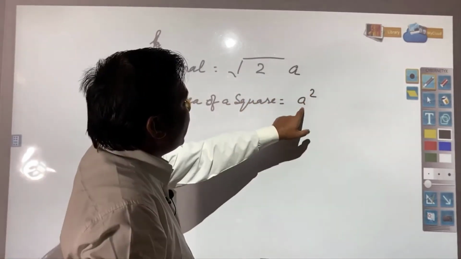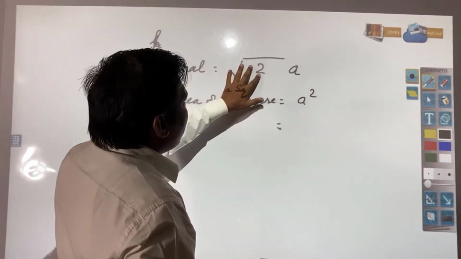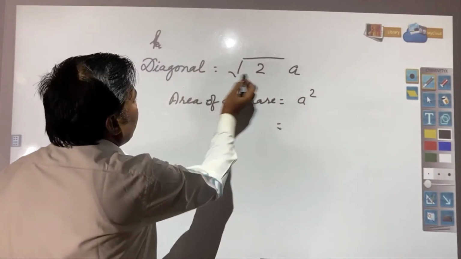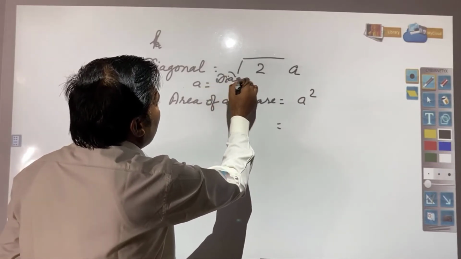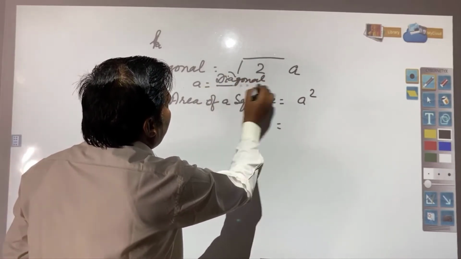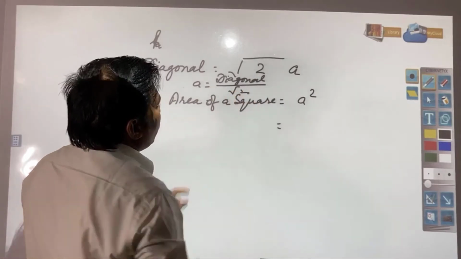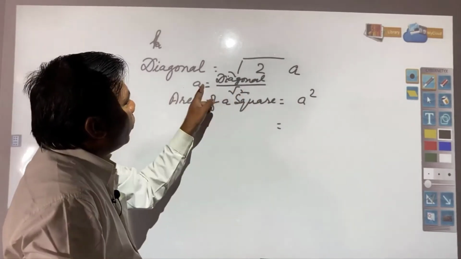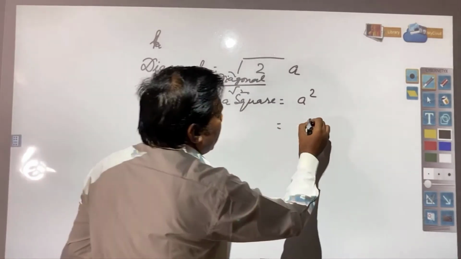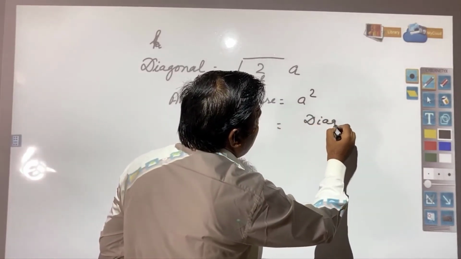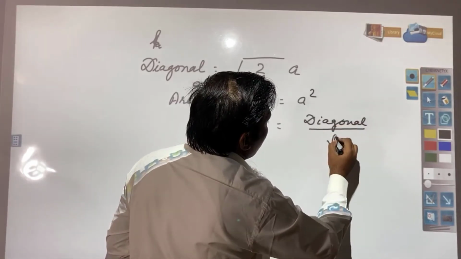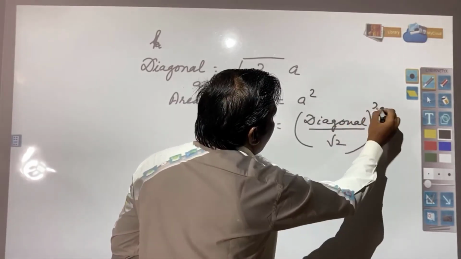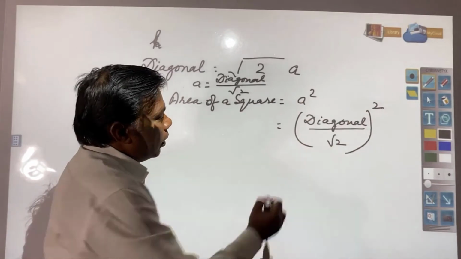So if you want to find A, it will be diagonal by root 2. In place of A, if we write this value, we get diagonal by root 2, whole square.